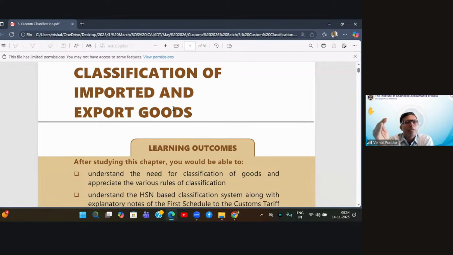Then more processed items, and then the last chapters from chapter 80 onwards are all high-tech items, machineries, then high-tech gadgets, your helicopters, etc. And then the last few chapters are for some unique items, like you have some artistic products, you have some intangible copyrights, etc. So this is how the structure of the entire HSN or the tariff schedule given by WCO is.